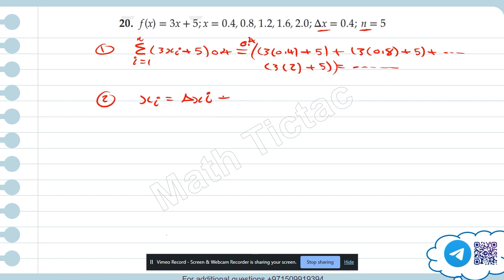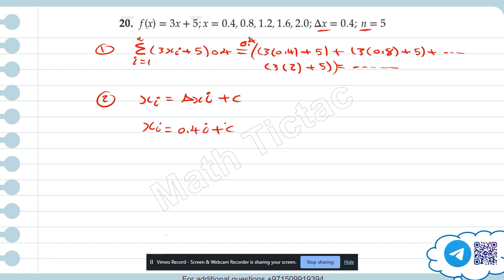Now xi is equal to delta x, which is given in the question, 0.4 i plus c. Now I don't know the value of c. To find the value of c, I can substitute the first value, which is 0.4, equal to 0.4 multiplied by 1, since this is the first value so i is equal to 1, plus c.